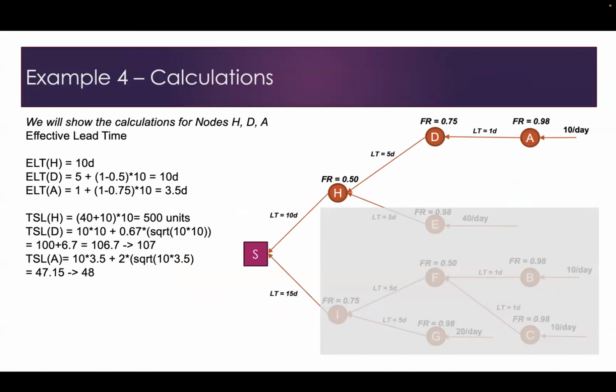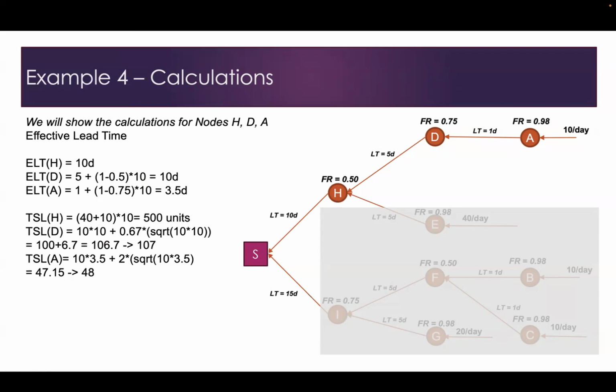So now let's do effective lead time. Let's look at the effective lead time of H. Do we agree that the effective lead time of H is 10 days? The fill rate here is 100% because it's a supplier. So effective lead time of H is 10, right?